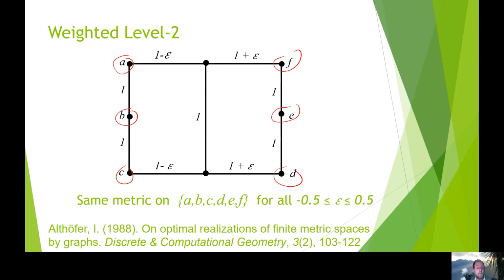So that means that not only do we have the problem that there's more than one network representing exactly the same distance matrix, but in fact we have an infinite family of networks with exactly the same distance matrix. Of course, this isn't the case when we look at level 2, where we only allow edge weights 1, because we have a finite number of possible networks there. So indeed, it seems for the weighted case at least, things can get really quite complicated.